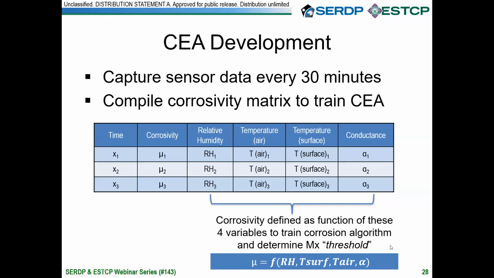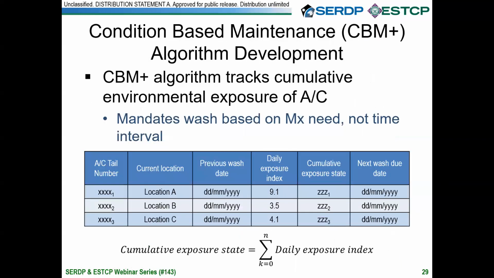And you can see just down at the bottom, it's not the exact formula, but it's a function of those things. And that's really just a cumulative coefficient that ticks up over time that will get fed into the next algorithm, which is the CVM Plus.